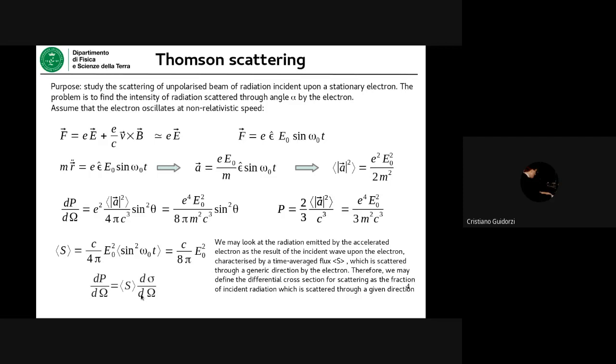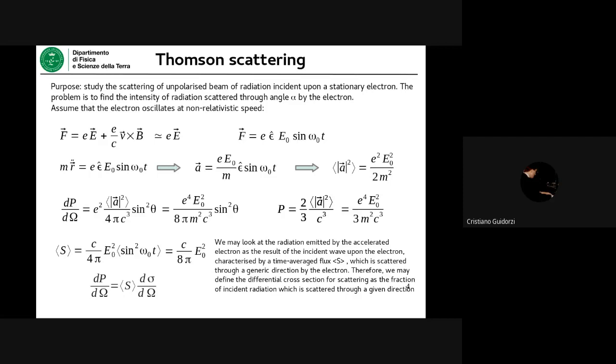So in a way, we can see the process of the electron acting as something which is scattering radiation. And this radiation is scattered towards all the possible directions. So we want to characterize its capability of scattering radiation as a function of direction in terms of a cross-section. But this cross-section must depend on the direction. So d sigma over d omega is called a differential cross-section.